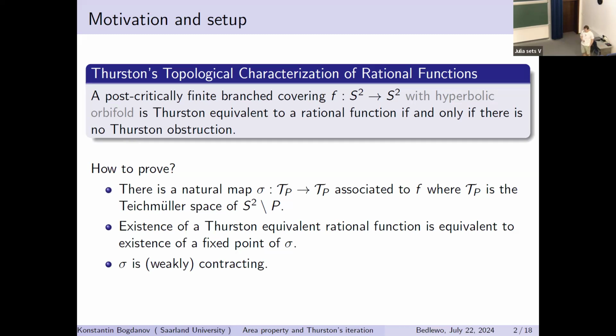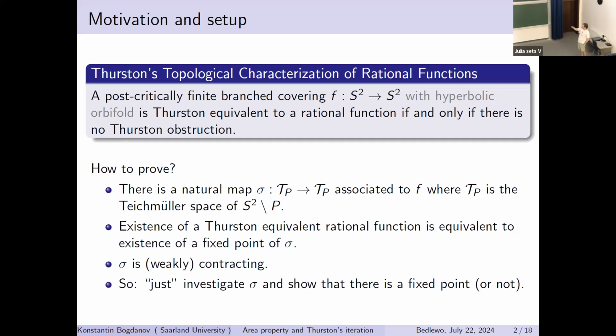But there's a big question whether it converges. So what do we do? We investigate sigma and show that there is or there is no fixed point. That's where the main work is done, but the first three lines just show us the right direction.